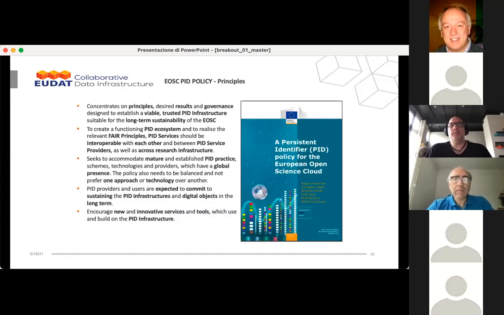This is the PID policy, and if you look at the bullets, these are the principles as described within the EOSC PID policy. And I think one of the main challenges is that they are described as principles. EUDAT is certainly fully supporting the EOSC PID policy itself. But the question is, what does this mean then in practice?